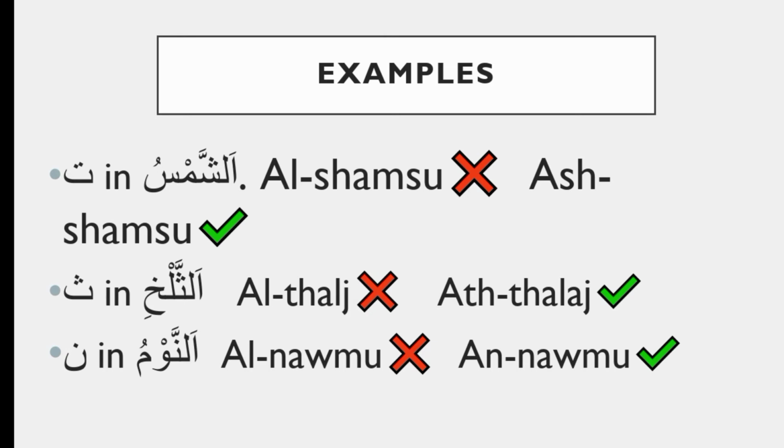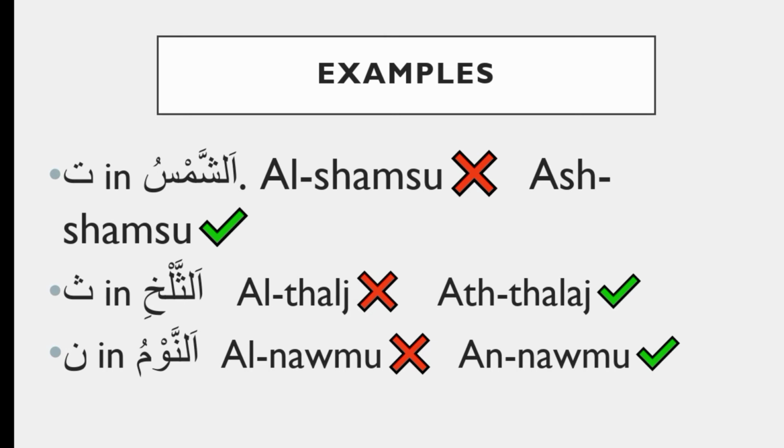So the alif would take fatha, the lam would be dropped, and then the shin, or let me say any of the sound letters, when you have them after alif and lam, they must have shadda. That's the way you can identify them.